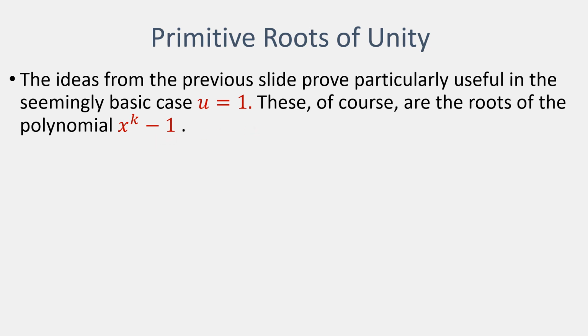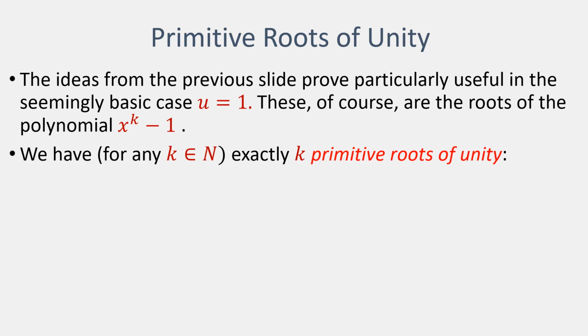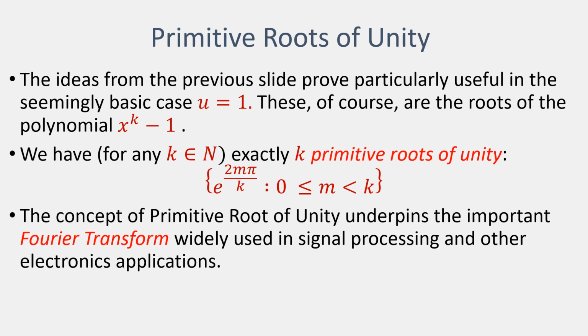And we saw earlier that a polynomial of degree k has exactly k roots. So the k roots of this polynomial are what are called the k primitive roots of unity. And these all take the form as described here.